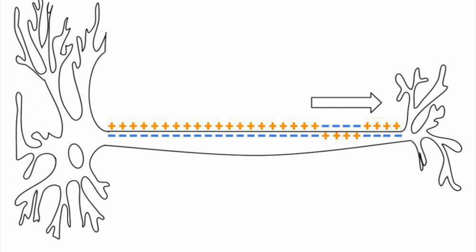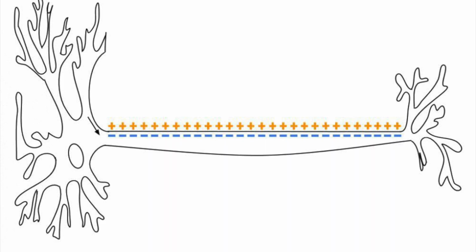And when I say depolarized, I just mean that there's going to be an influx of sodium ions into the inside of the cell, causing the membrane potential to go from negative to slightly less negative.